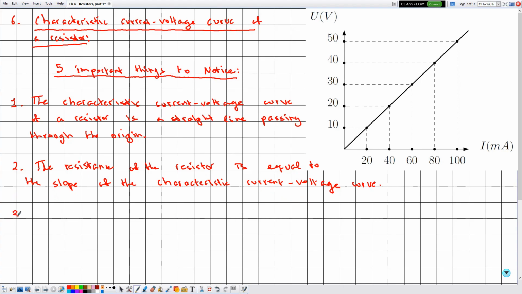Now, idea number 3 is that for a resistor, the ratio U over I is constant, and it is equal to its resistance.